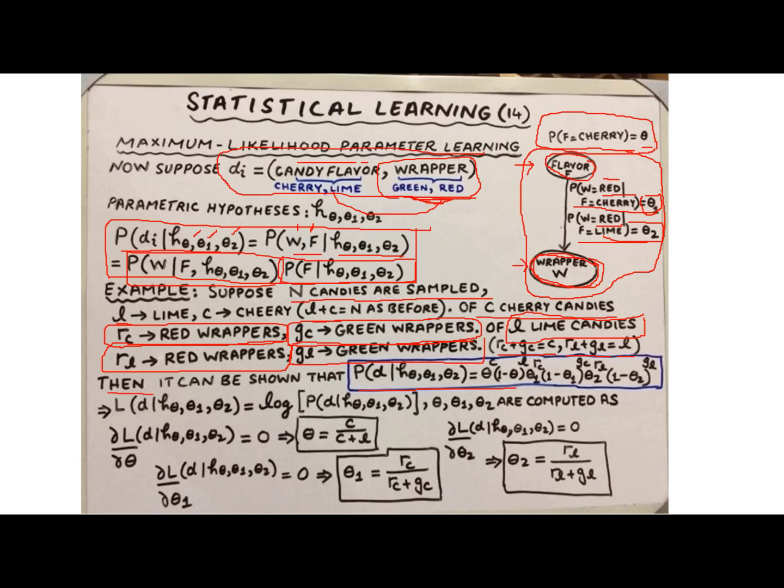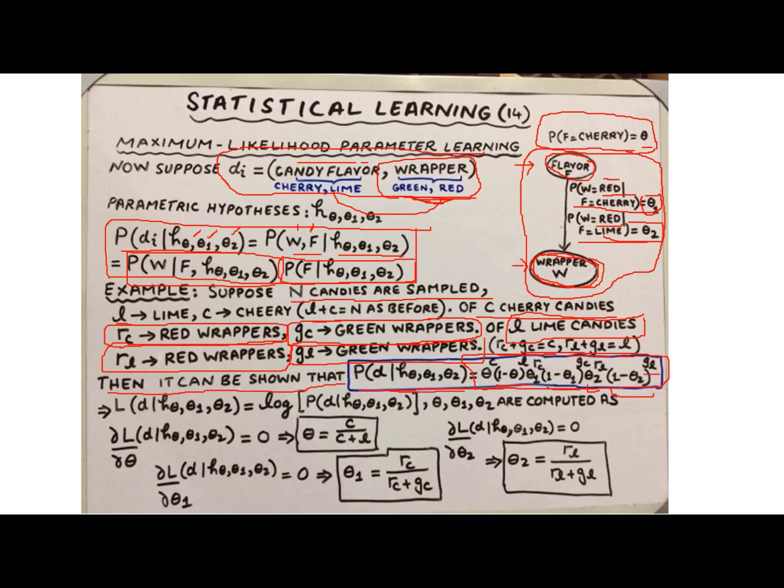Then, following the steps that are also given in the textbook, it can be shown that the probability of data given the hypothesis is given by an expression containing six product terms: θ to the power C times 1 minus θ to the power L, θ1 to the power RC times 1 minus θ1 to the power GC, θ2 to the power RL times 1 minus θ2 to the power GL.